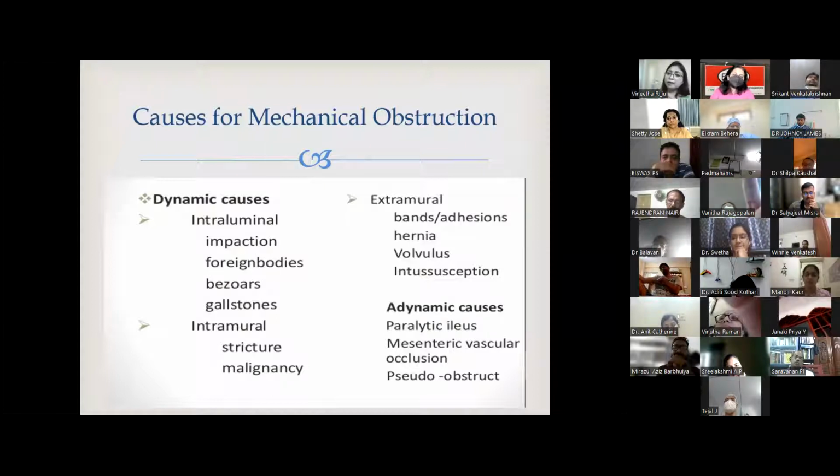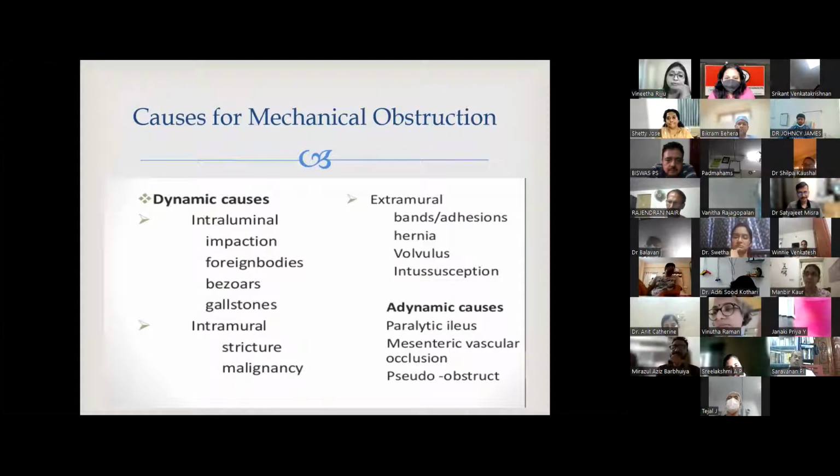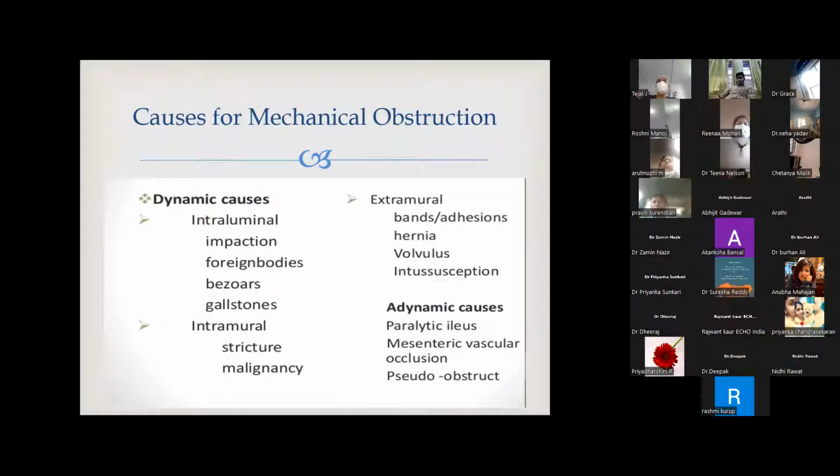So that could be a foreign body. It could be something that has gone and impacted and blocked the lumen, or it could be stones, such as gallstones. It could be a stricture. It could be RT induced, or it could be surgery induced, or it could be a malignancy.